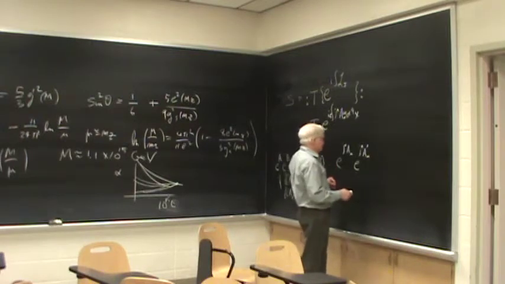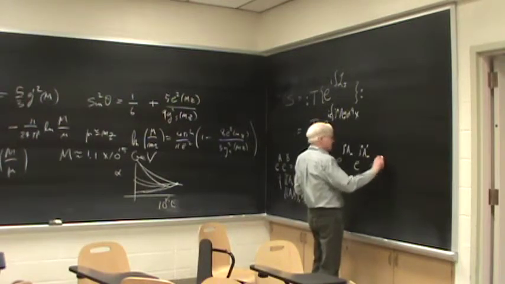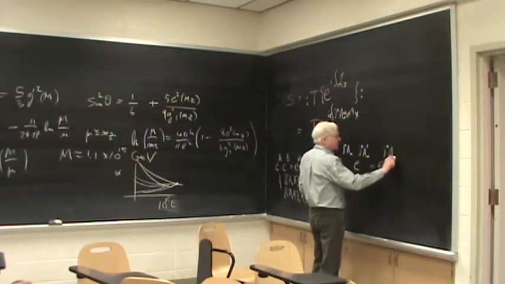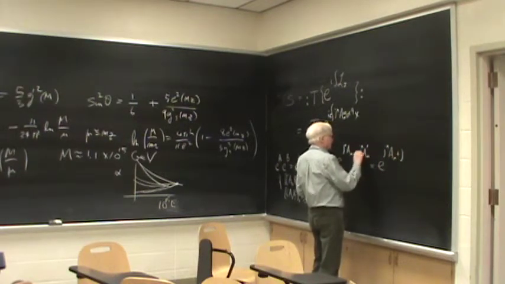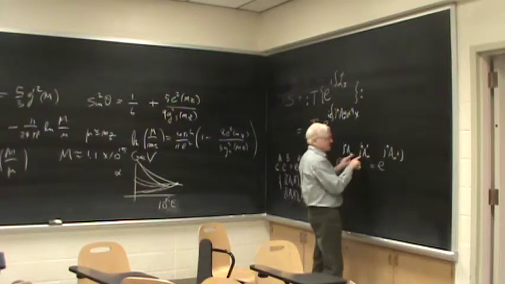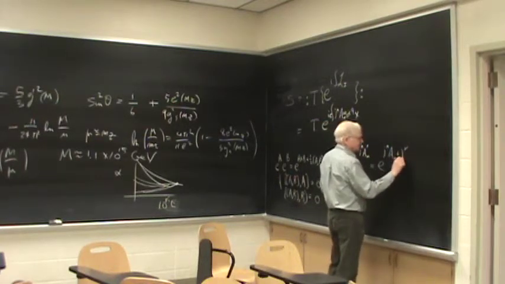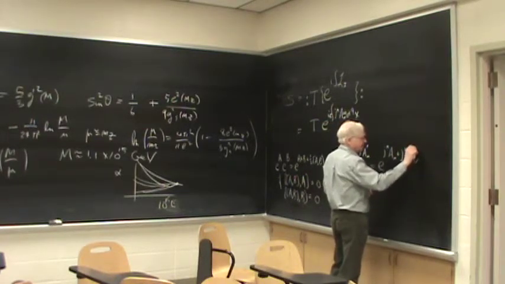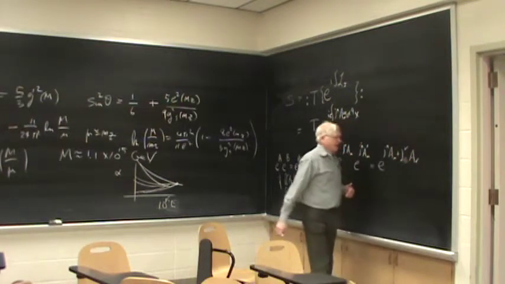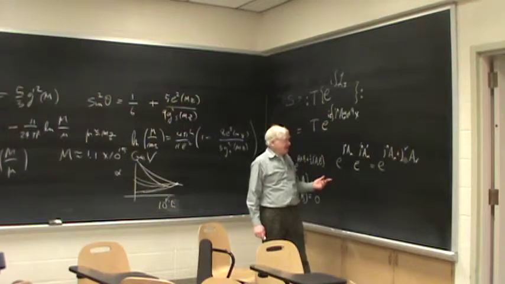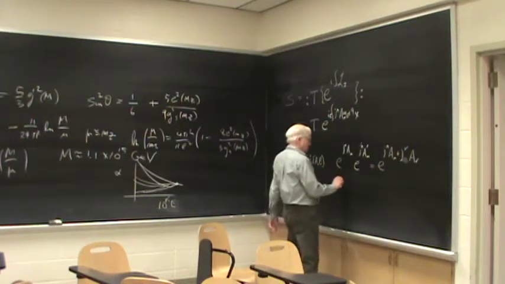So we can obviously say that this is e to the j mu A mu plus, well, actually this is at a different time, so I'll call it j nu a nu, plus a commutator. But what is the commutator?